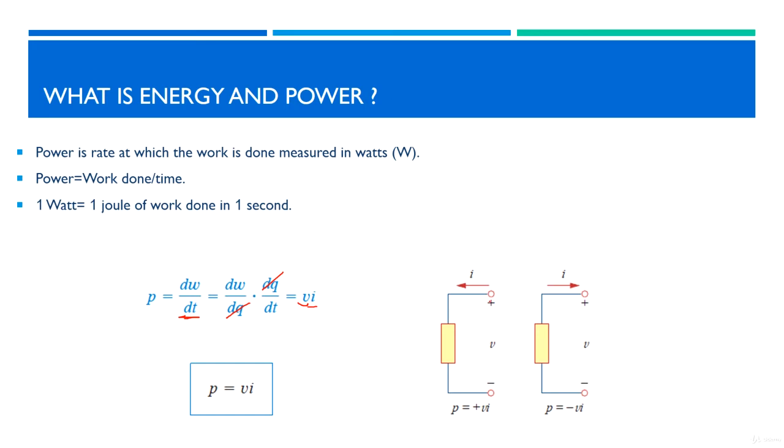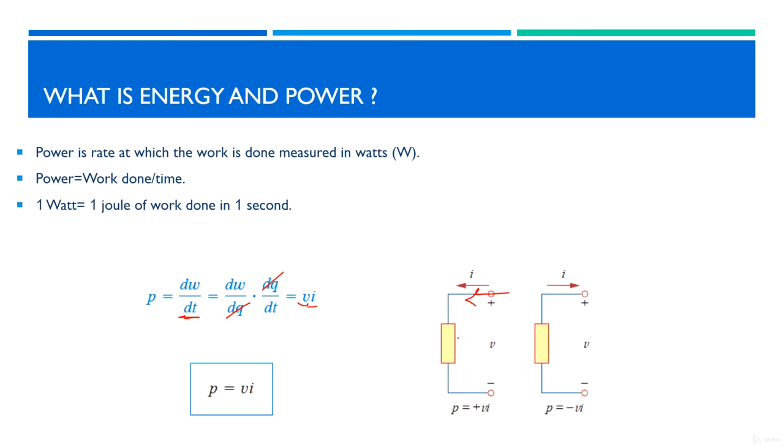When we are saying plus minus, which is the voltage between this point and this point, and the current entering from the positive terminal, then it means that this element is consuming power. What does it mean?